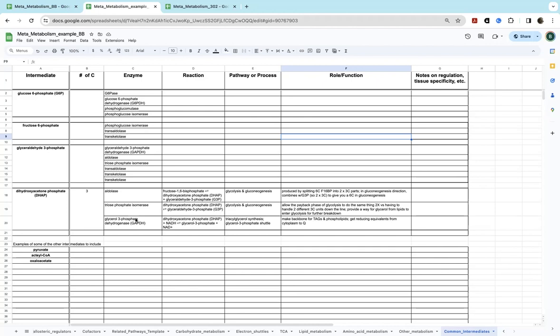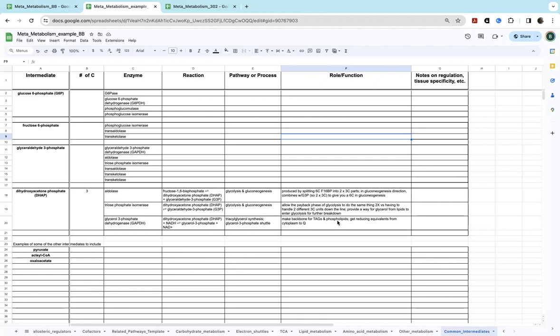You could also use glycerol 3-phosphate dehydrogenase to take that DHAP and reduce it to glycerol 3-phosphate, which is going to be involved in the glycerol 3-phosphate shuttle as well as triacylglycerol synthesis, because now you can use that glycerol 3-phosphate to make the backbones for your triacylglycerides and your phospholipids.